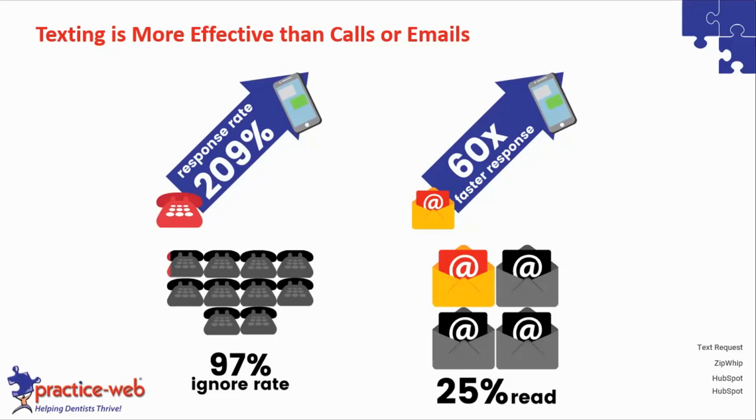And the unfortunate part of emails, which there are ways to avoid, and we'll train you on that in another webinar, is that on average, 25% of them are read. The rest might go to spam, or they might be skipped over, whatever. We all know this from our own experience. This is from a study done by HubSpot, which does a lot of this marketing stuff. So texting is going to be effective.